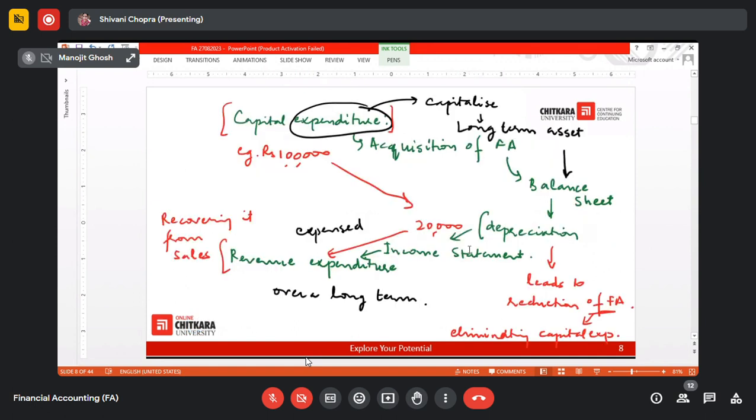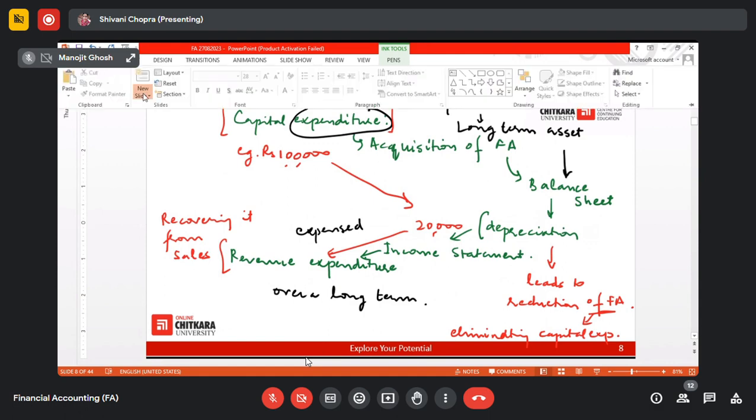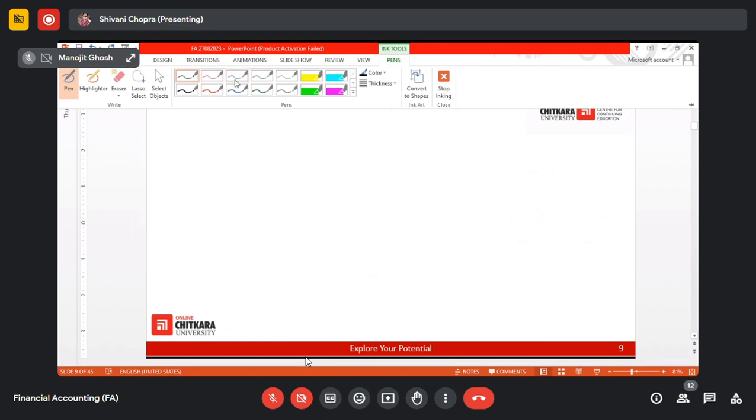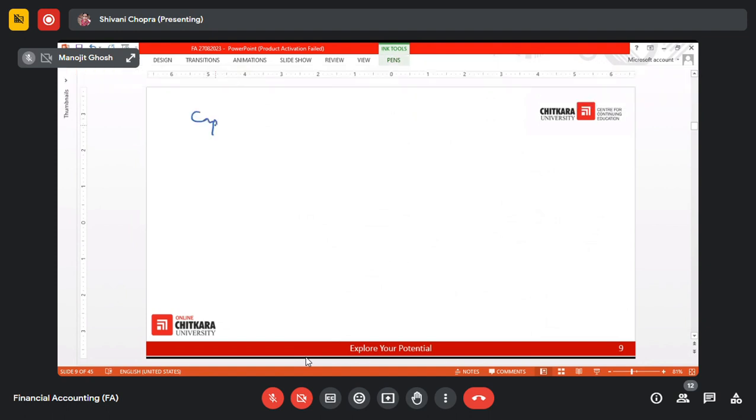What is the meaning of this? The next important point is this. That you have capital expenditure, and then you have capital receipts.